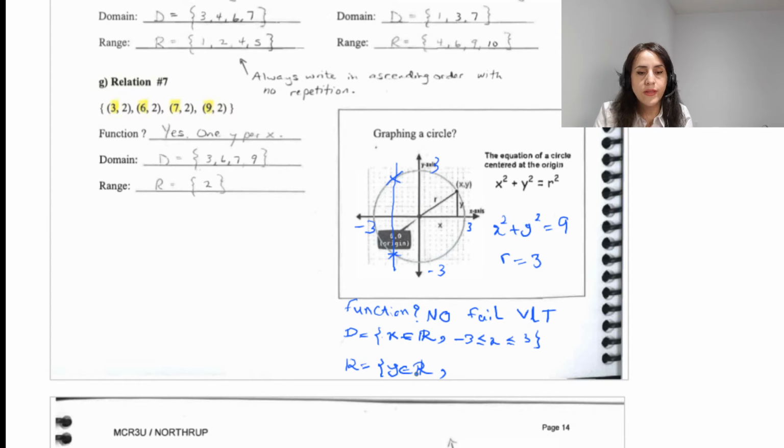Here, I'm going to go with Y element of R. Let's see, is there any restriction for the y value or not? Yes, I do not have any graph, point, or coordinate lower than negative 3, nor higher than positive 3. Again, I'm going to have a restriction here.